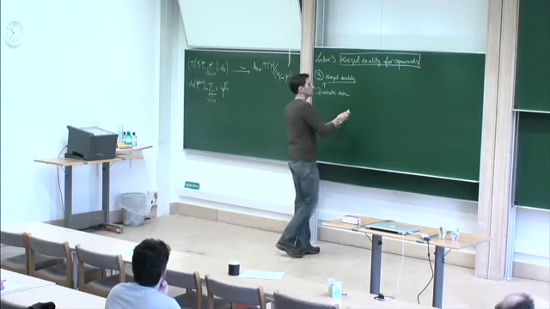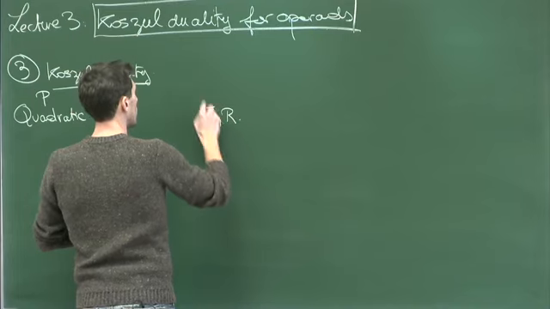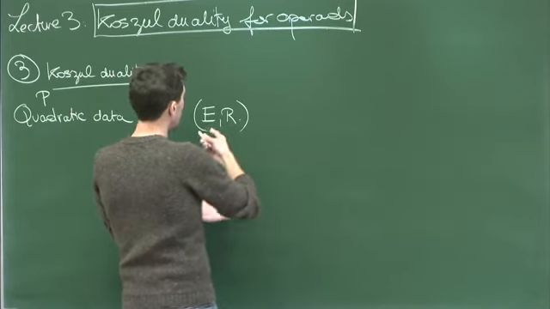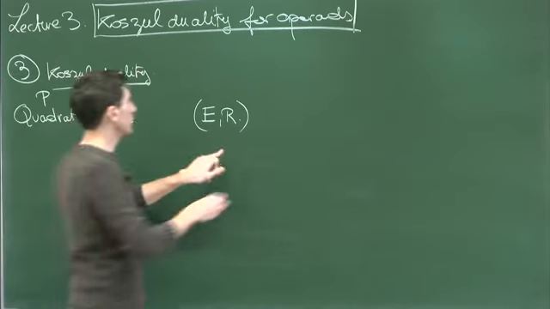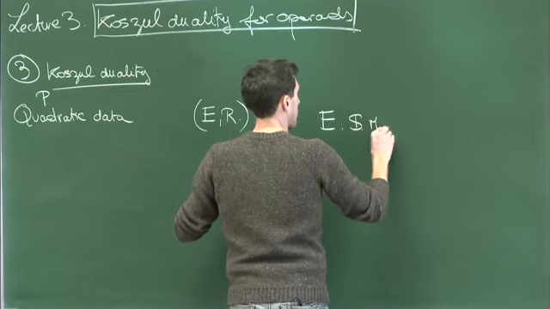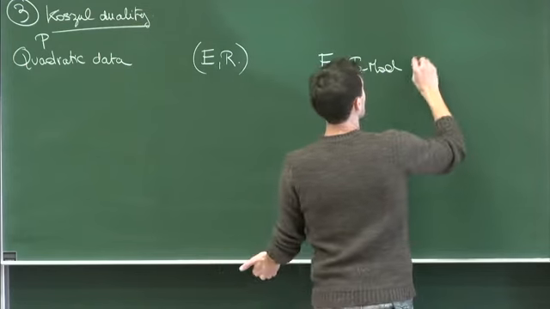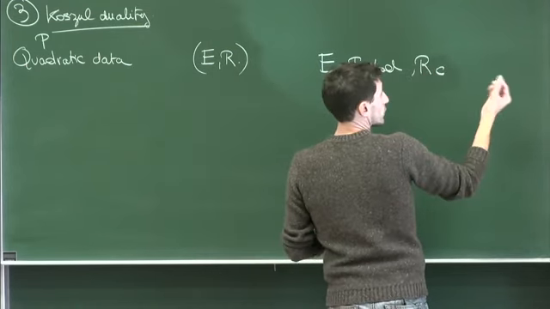So what is a quadratic data? A quadratic data (E, R) stands for what? E is an S-module, okay? And quadratic means that R should live in some quadratic part.